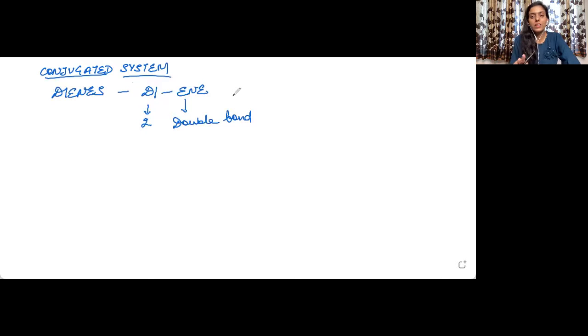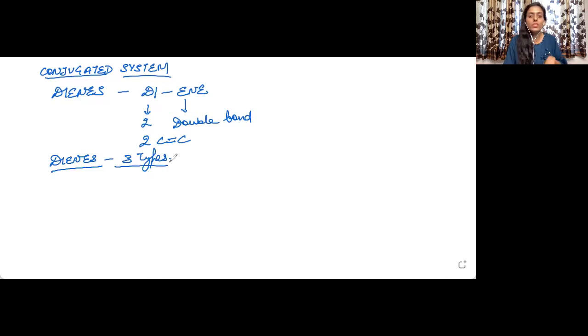So when a molecule is having two carbon-carbon double bonds, it will be known as diene. So dienes are of three types.